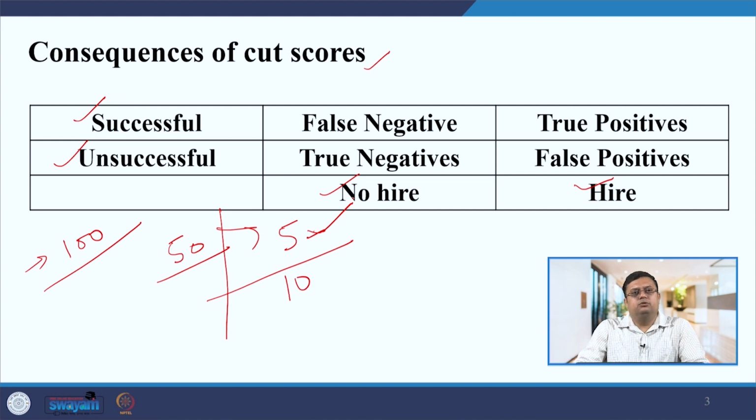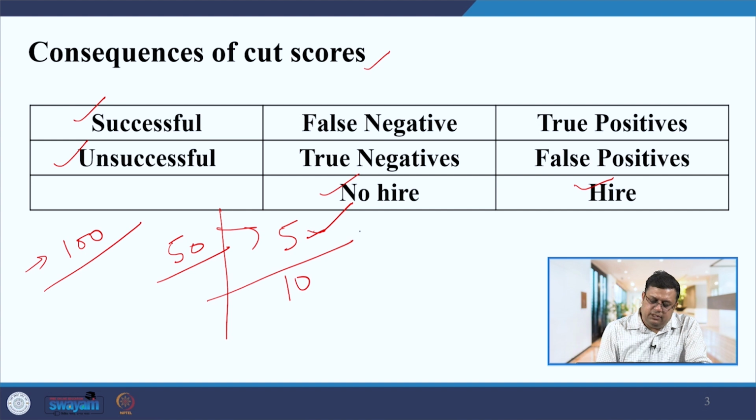So, what should we do in this case? We should reduce the cutoff percentage, or we should increase the cutoff percentage and then go for another recruitment and selection process. If we go for another process, then we again have to start with recruitment, give a job advertisement, new people will come, then selection, selection dates, interviews, and then again we have to select the candidates.